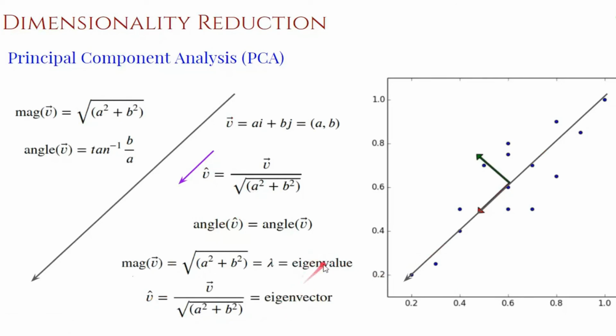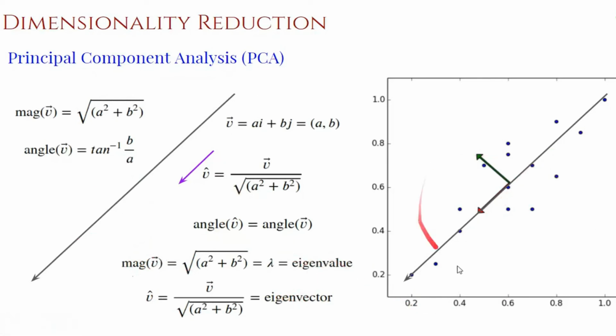These two jointly represent this particular vector, which gives us the information along which direction we have the maximum variation, and that is decomposed into a unit vector and its magnitude. That unit vector is called the eigenvector, and the magnitude or the length is referred to as the eigenvalue.